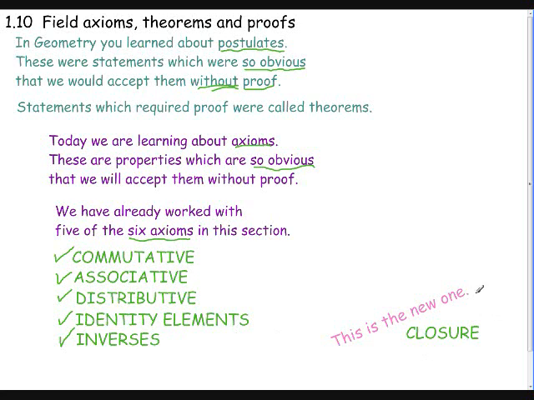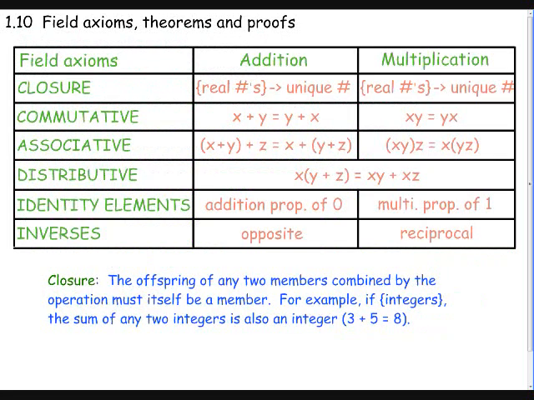The new one that we're going to add, so that's 5. The new one, the 6th one, is right here. It's called closure. We're going to be speaking about sets. I've added closure in at the top.